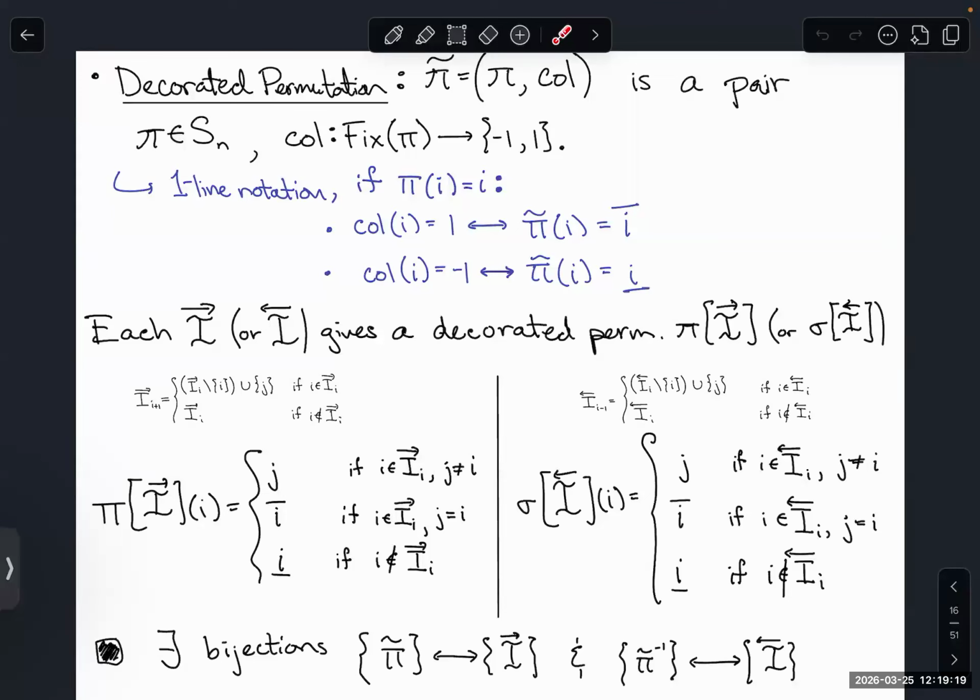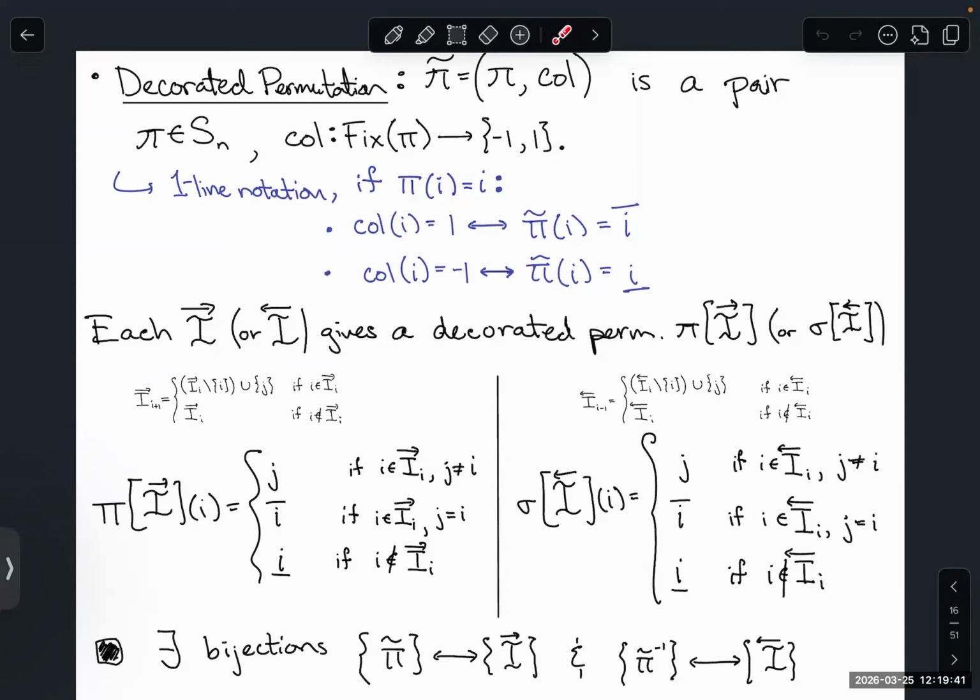It maybe takes a little bit of convincing yourself, but not too terribly much. Each time we have a Grassmann necklace or reverse Grassmann necklace, we get a decorated permutation corresponding to that. I've written that as pi of our Grassmann necklace or sigma of our reverse Grassmann necklace. And these are exactly coming from that exchange relation that we had.